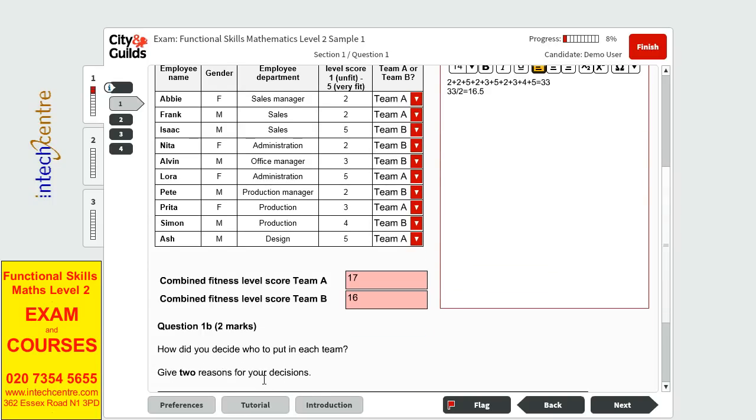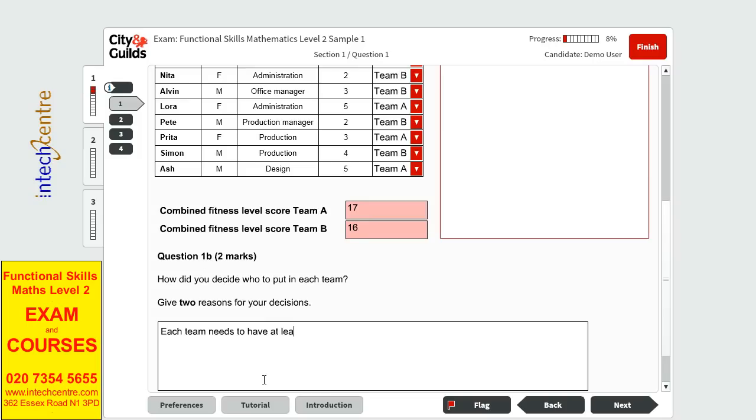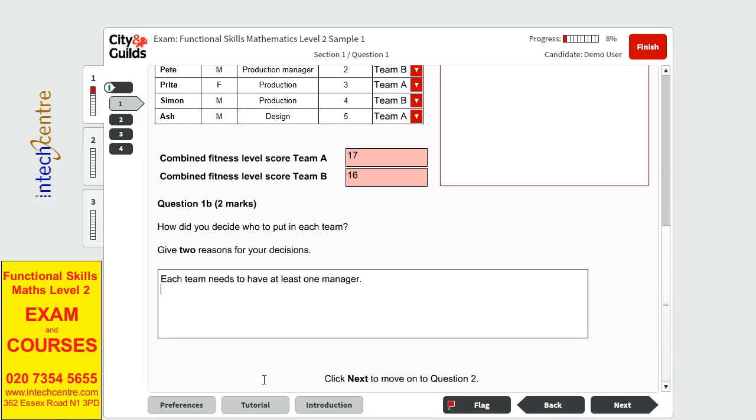At least one manager, yes. And the second reason would be each team must have a similar, because the numbers are similar, combined fitness level score.